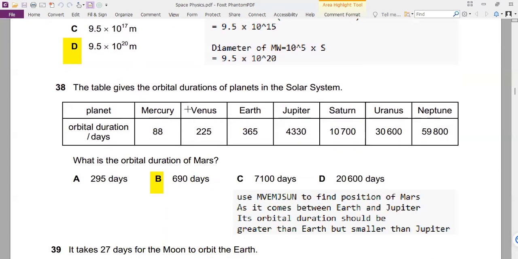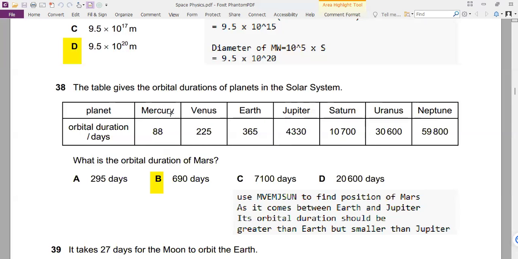And this is a tricky question. First, you're asked to tell the orbital duration of Mars. Mars is missing from the table, but we know the planets in order.